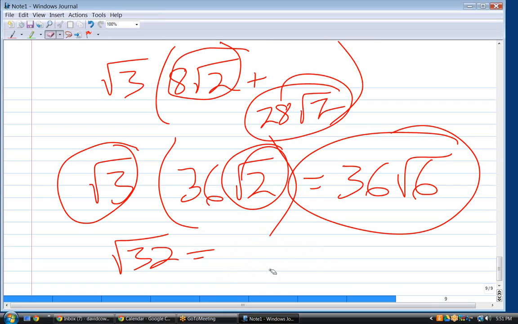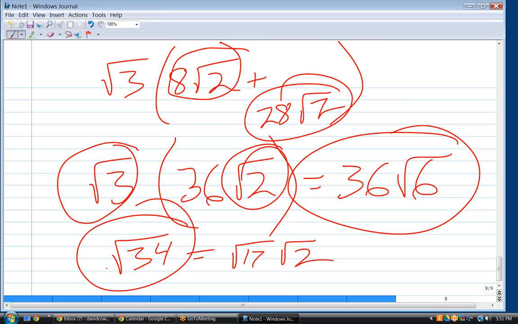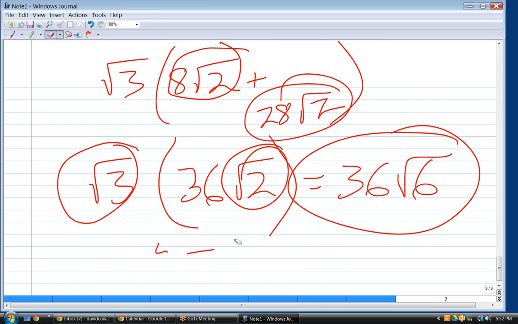But if I had, say, 34 instead of 32, well, now that's square root of 17 times square root of 2. Neither one of those is a perfect square. I can't pull a whole number out of it, so I would never simplify. That's simplified, square root of 34. I would not break it up into these two things because there's no reason to. You only break it up if you can pull a whole number out. Okay?